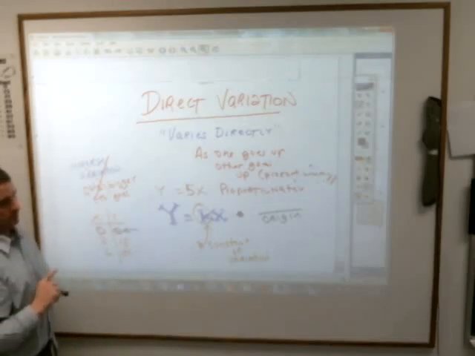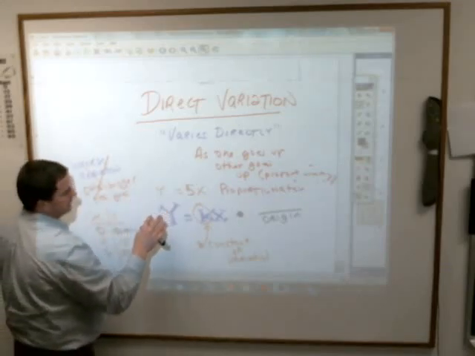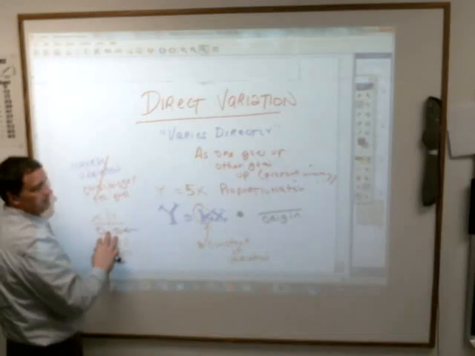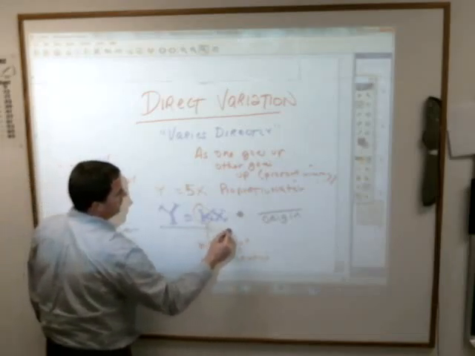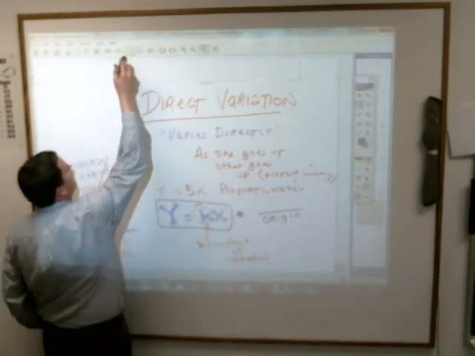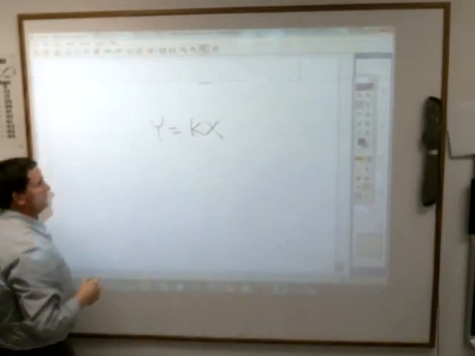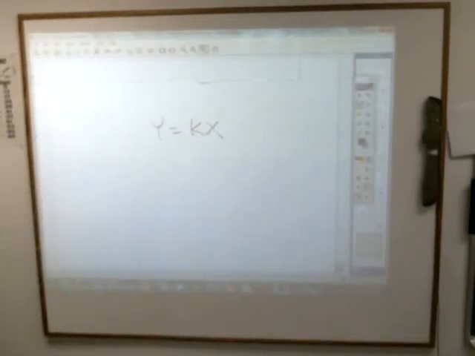This is what you want to figure out. Let me write that down: y equals k times x. When you see that all put together, in your mind you should think direct variation.